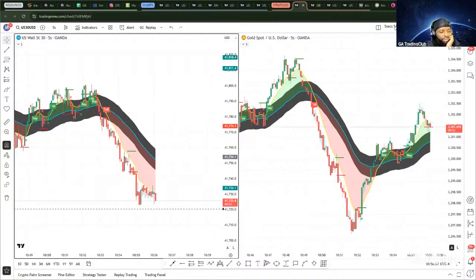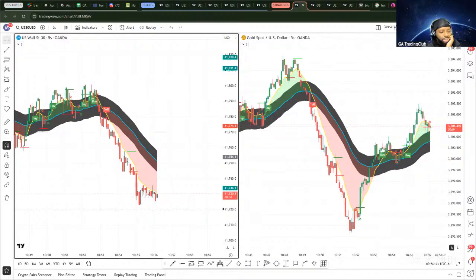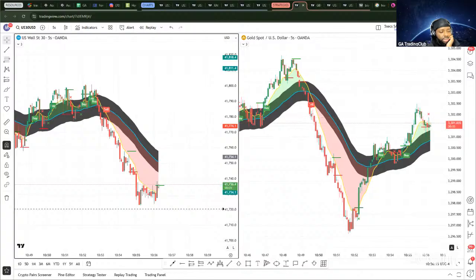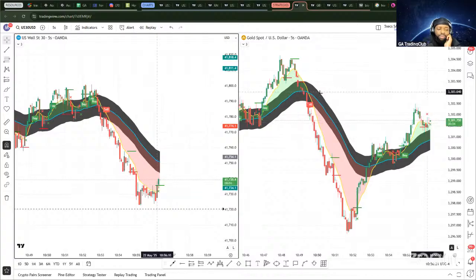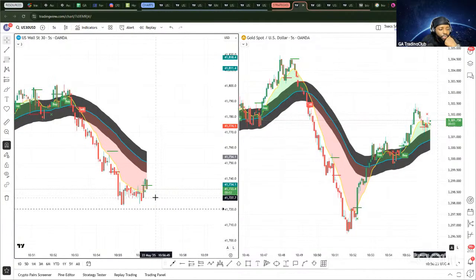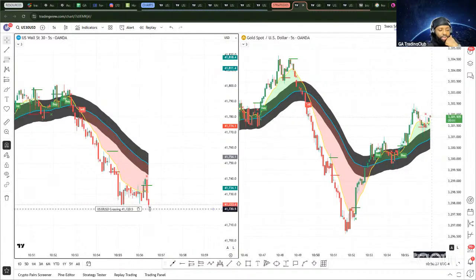Let's see, having those rejections. I want to see bullish candles holding. Okay, so the crossover buy has already happened, I think, in this candle. Yeah, so we got the crossover buy before we tapped the 10-point threshold.